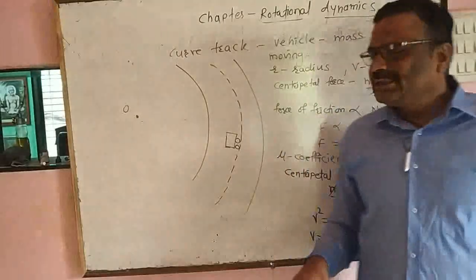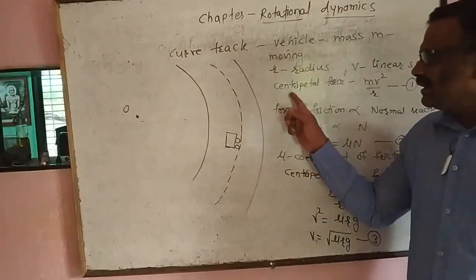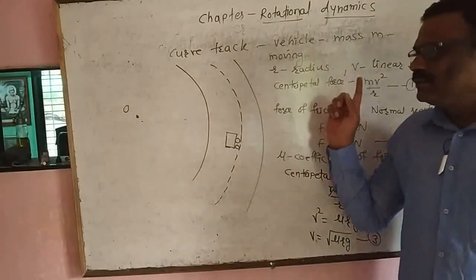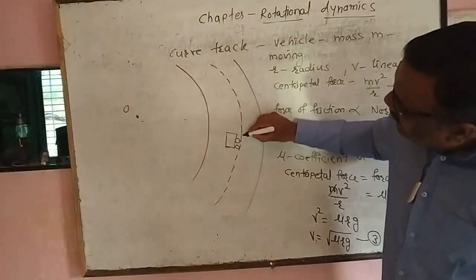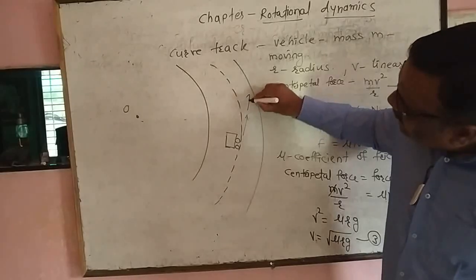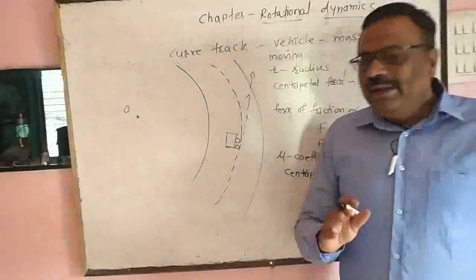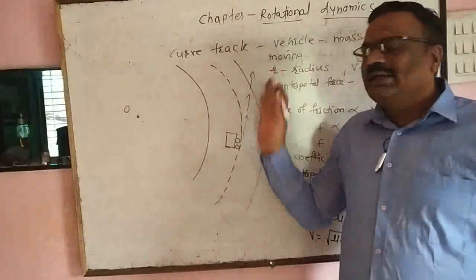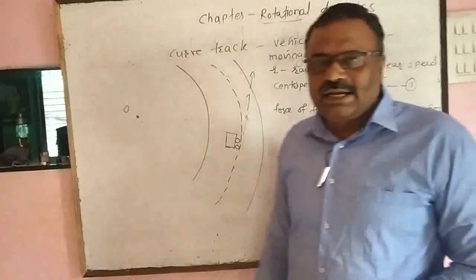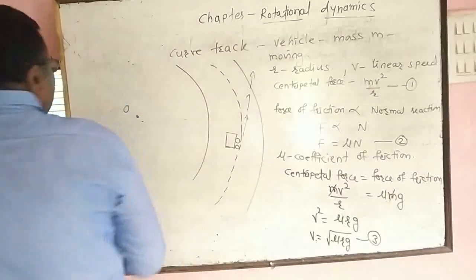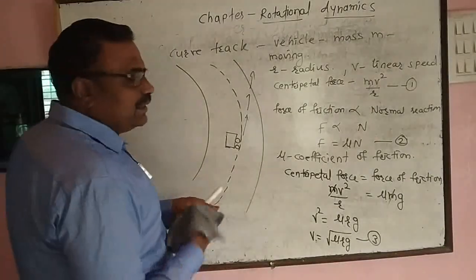If the force of friction decreases, then proper centripetal force is not provided, and therefore there is a chance of accident. The vehicle may leave the circular path along the direction of the tangent. Therefore this force of friction is not a reliable quantity.